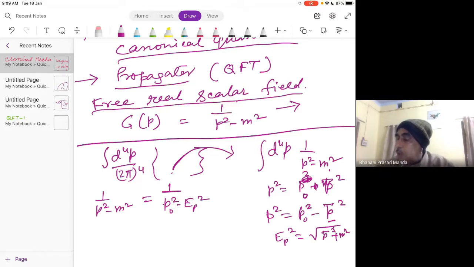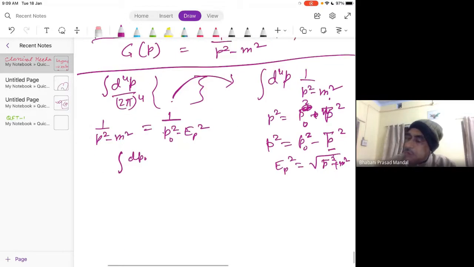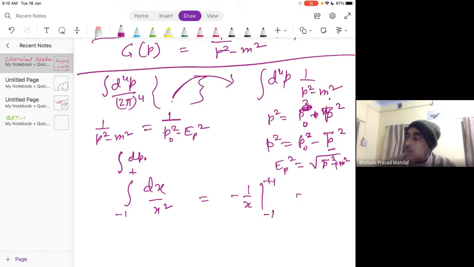Now if you try to perform the p0 integration, then this is a singular integration. Singular means the integrand is diverging. For example, suppose I have an integration from -1 to +1 of dx by x square. Apparently you think this is a very simple integration, -1 over x from -1 to +1, and if you calculate, you will get -2 as the answer.